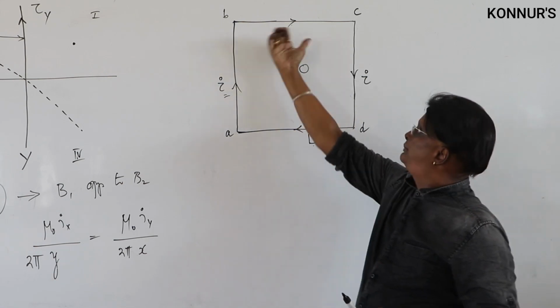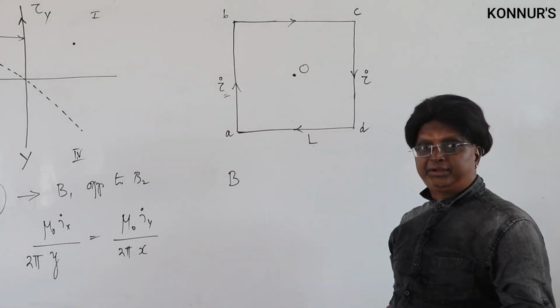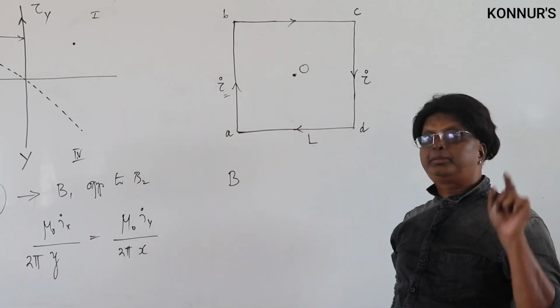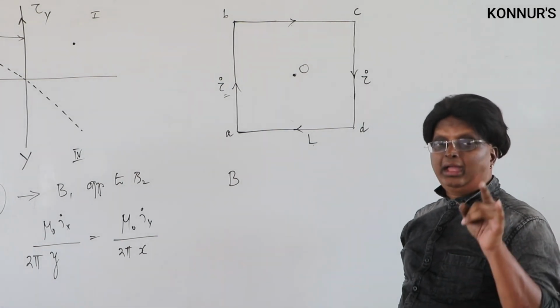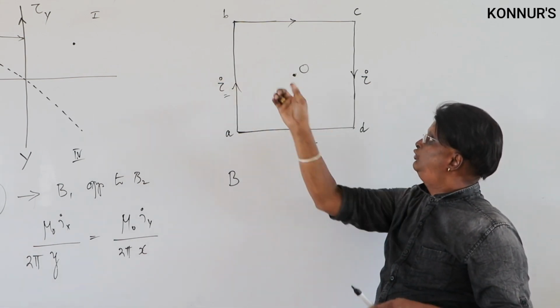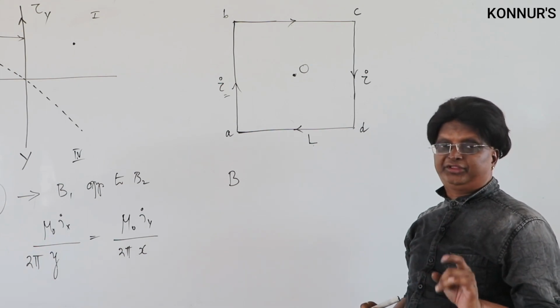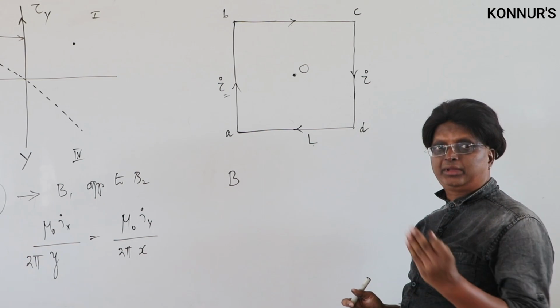So if you apply your right hand rule, what do you observe? All the magnetic inductions due to the 4 straight conductors at O are parallel. So all the vectors are to be added, 4 vectors, and because they are parallel we get algebraic addition.